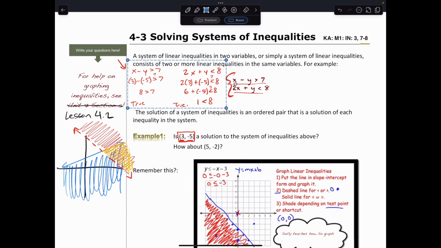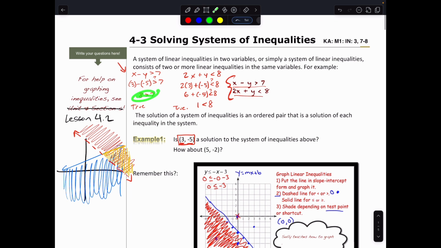Okay, so if we plug in 3 for x and -5 for y, into the first inequality right here, we end up getting 3 minus -5, which is 8. And this is a true statement because 8 is greater than 7. So the point is a solution to the first inequality. We still have to check the second inequality.